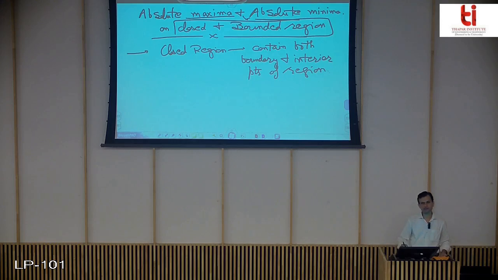That is a closed region. For example, x squared plus y squared less than or equal to 1. So it contains the boundary and the interior points.